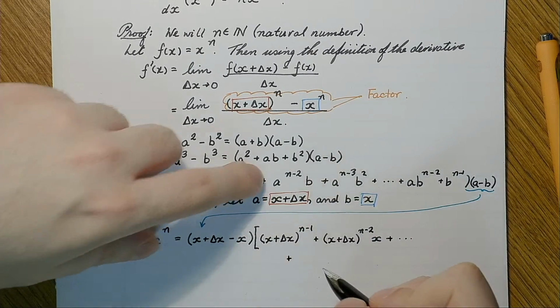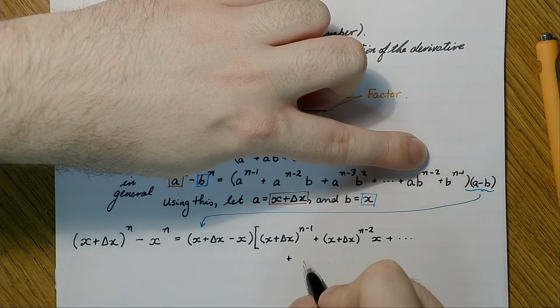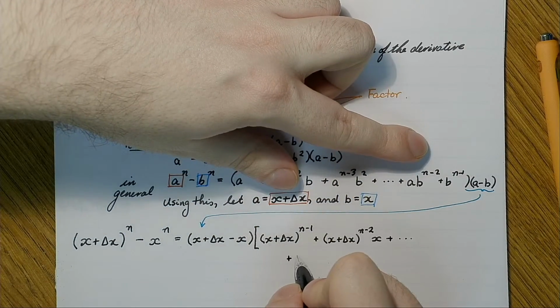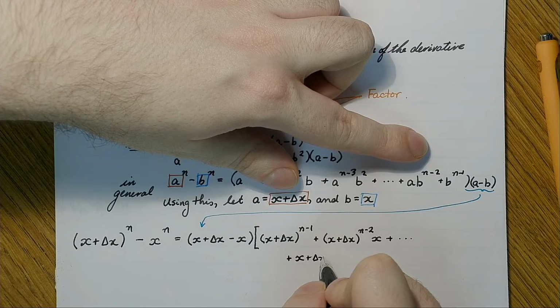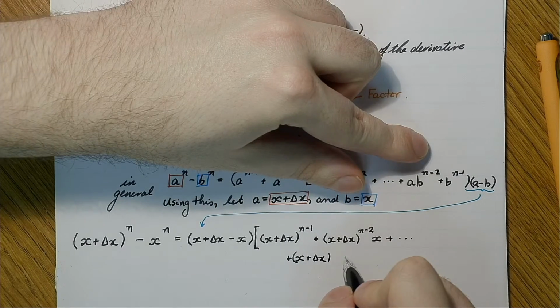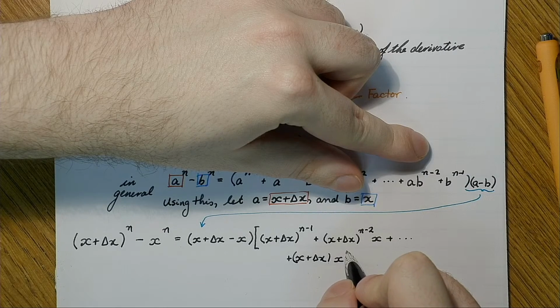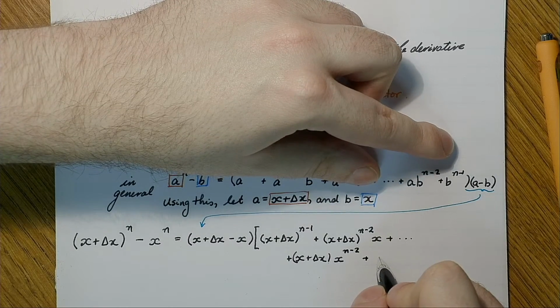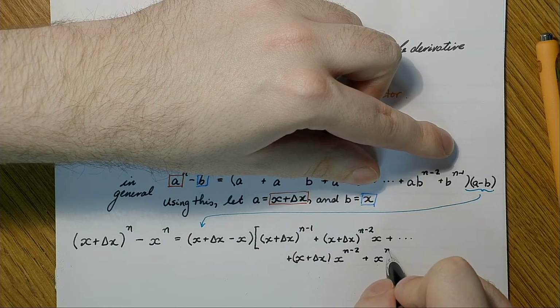Let's skip those next terms and just work to the end here, so that I get x plus delta x times x to the n minus 2, plus, and then the last one is just b, which is x to the n minus 1.